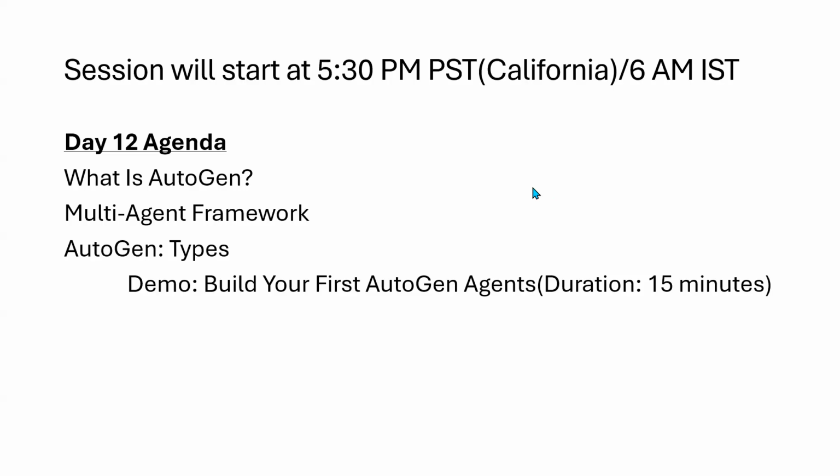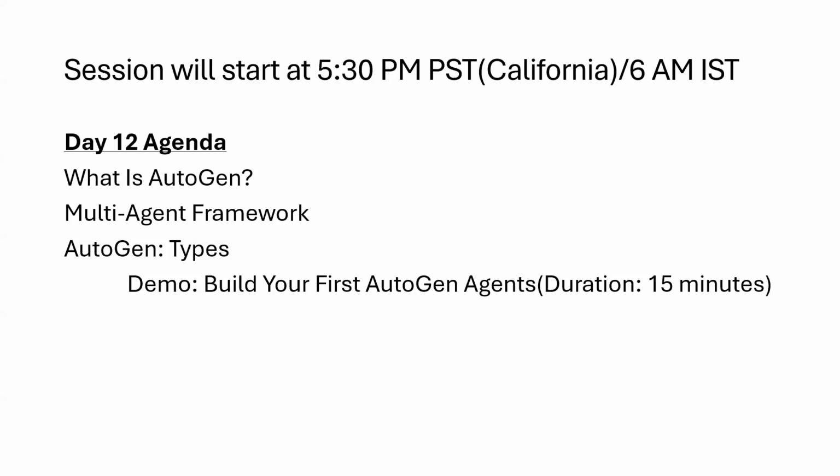And now it comes to AutoGen. We'll understand clearly in detail what AutoGen is, but before that, I would like to tell you in short what AutoGen is. AutoGen is all about communicating between the agents.